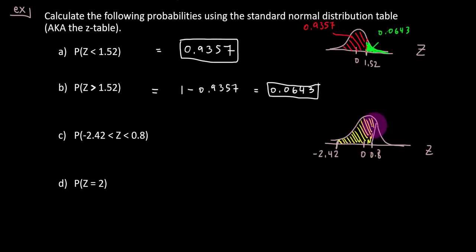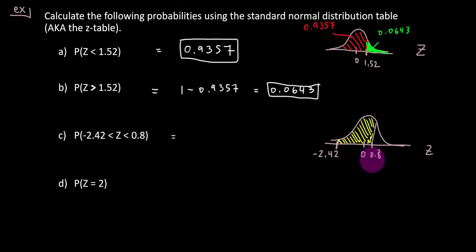So now that we've got this region visually represented in front of us, how are we going to determine this with the z-table? Okay, here's the idea. We've got two z values. We got to look them both up. I'm going to look up the bigger one, 0.8 first. Doesn't really matter, but it makes sense to do the 0.8 first. Because check it out.